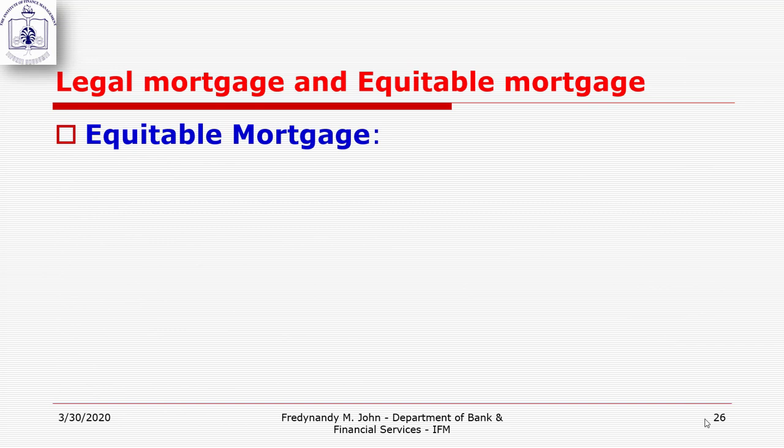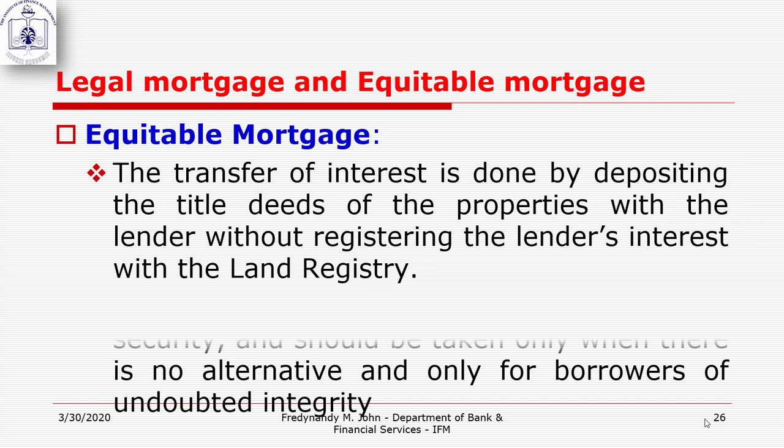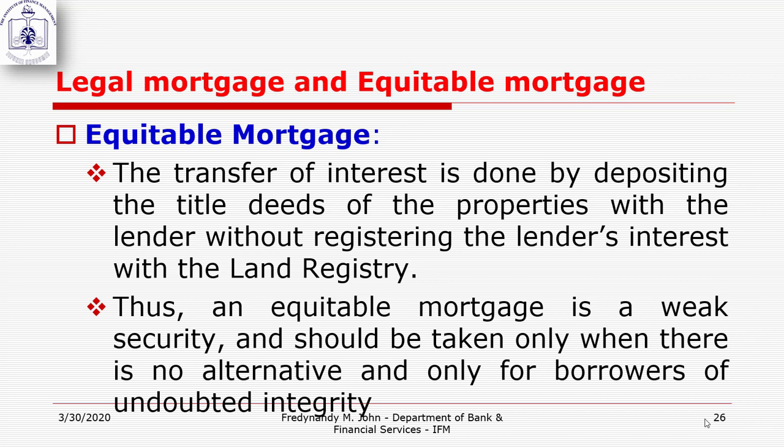Then let's discuss in a nutshell the equitable mortgage. Now, the equitable mortgage is quite different from the legal mortgage. With the equitable mortgage, we see that there is a transfer of interest.